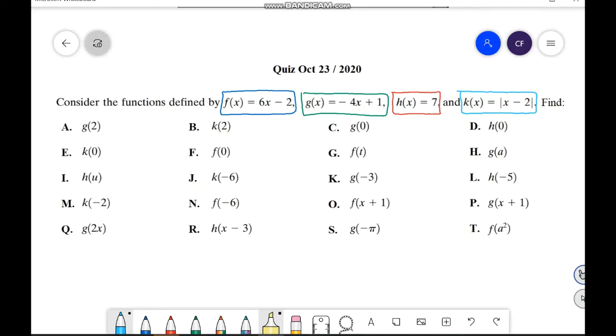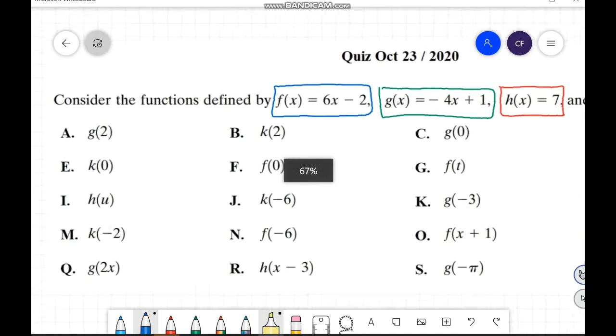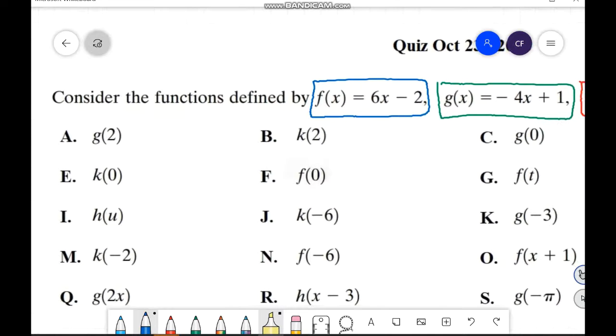Find the outputs. Let me zoom in here on g. G equals negative 4x plus 1. All right.